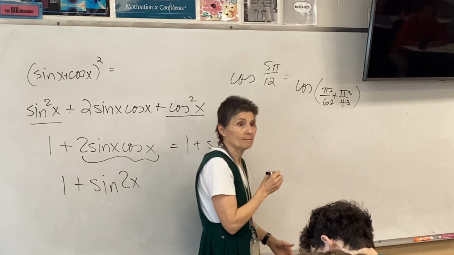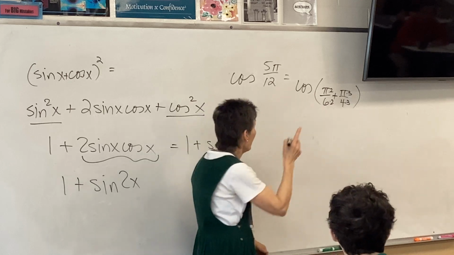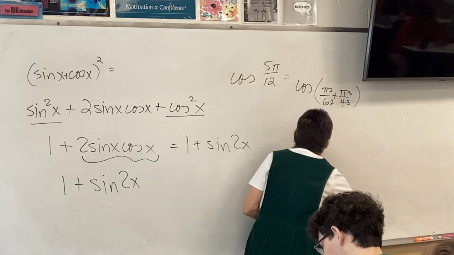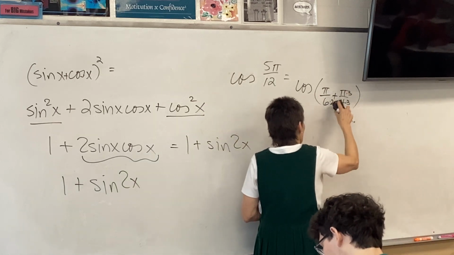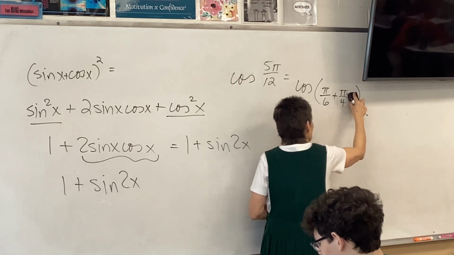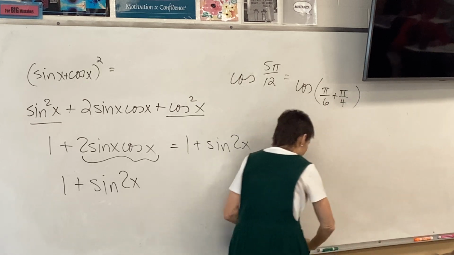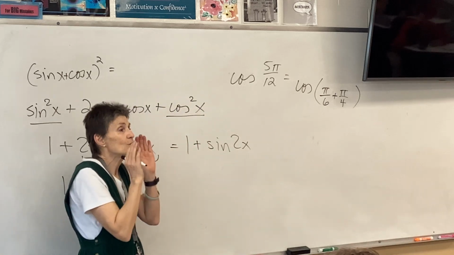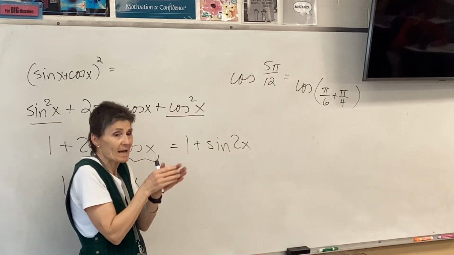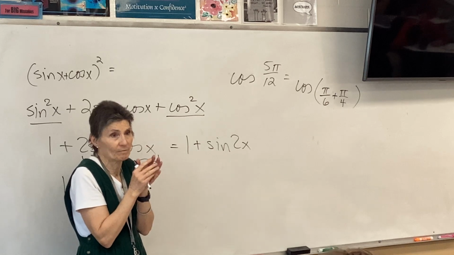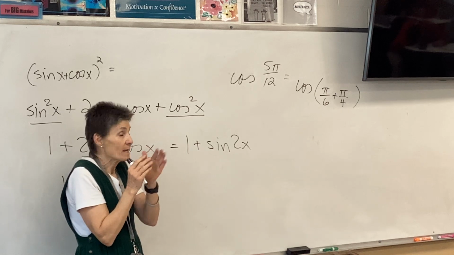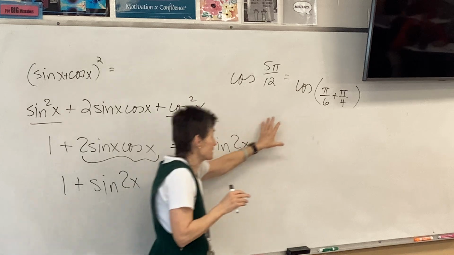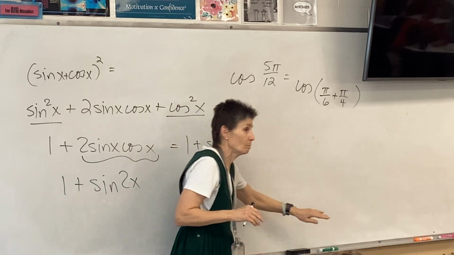It works, doesn't it? So one option would be pi over 6 plus pi over 4. Now there are others, so don't start freaking out. You find something that adds or subtracts to 5 pi over 12. Our answer will be the same. All this stuff will look different, but the answer will be the same.